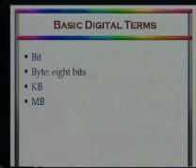Then we have KB, kilobytes, then MB, megabytes, gigabytes and so on. So these are the important digital terms, or the way we represent information within computers. But you must understand that these are for users to interpret, while inside the computers we work only with 2 signals, the high signal and the low signal.